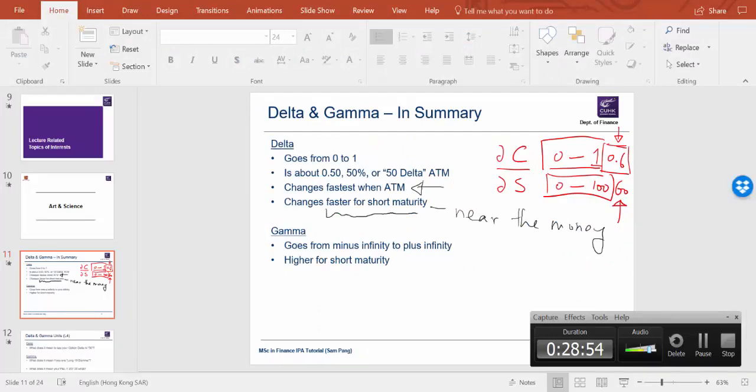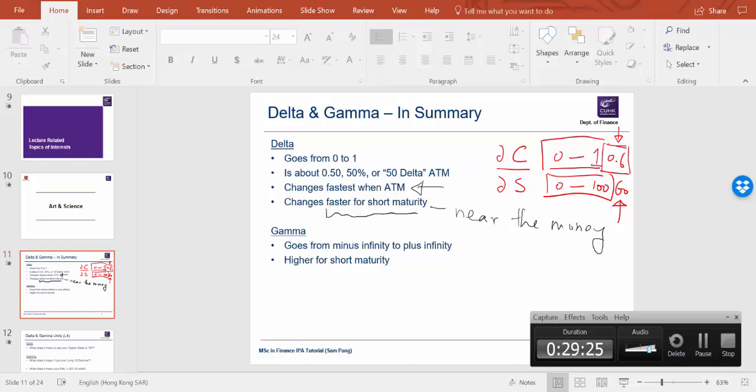Now, where was I? Okay, so now gamma is a measure of how the delta would change.